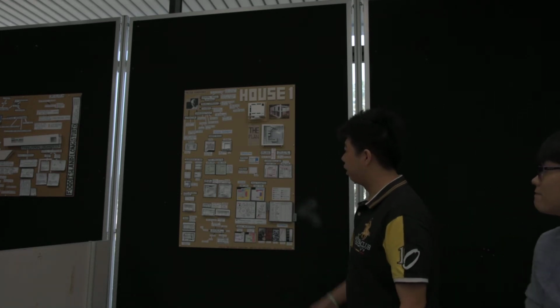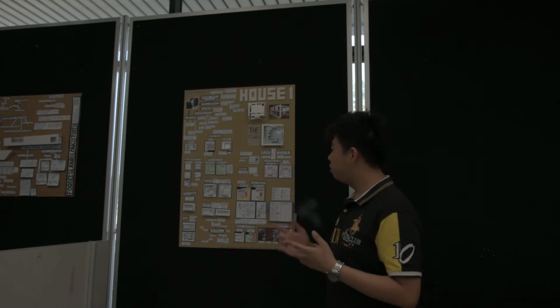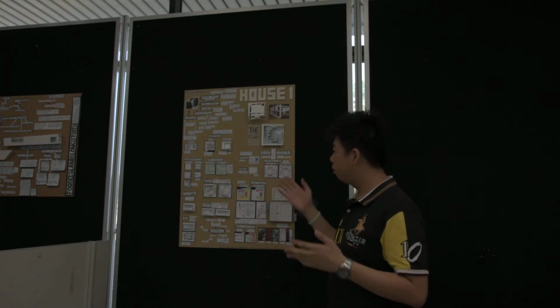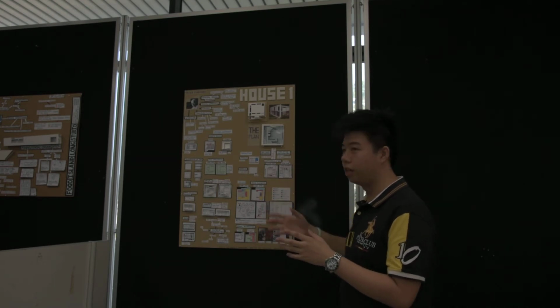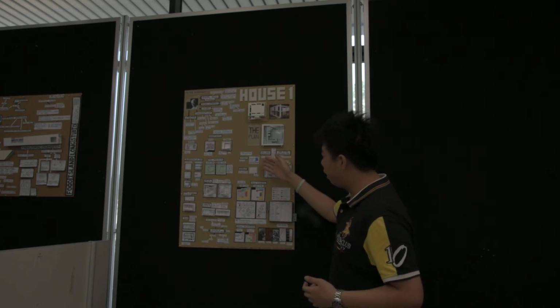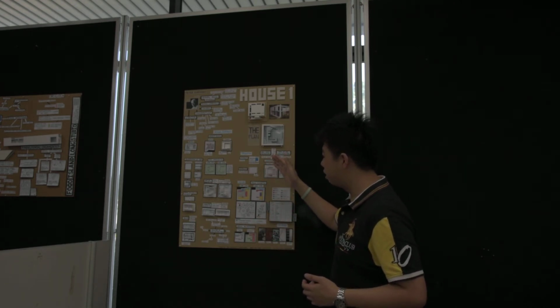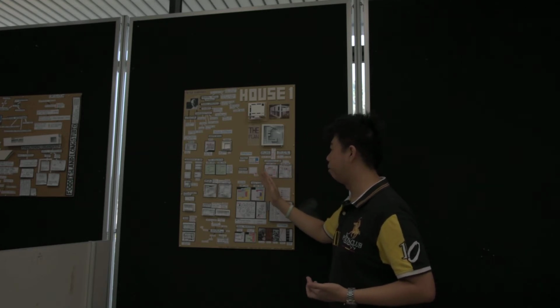So now I'm going to explain about the circulation. I'll start with the approach. The approach is frontal, whereby this building is placed beside the road, like normal residential houses, whereby you have to walk straight and turn right or left. And then the entrance of this house is placed at the side, so we call it off-centered and projected.